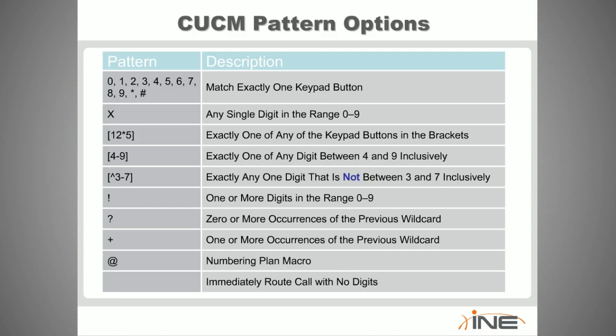It would continue, but it has to be the previous digit or character. Now, if I combine that with a wildcard, let's say X and then plus, then I have a wildcard that matches 0 through 9, but not star or hash. So it would match 1 3, 4 5, 4 5 6 7, 4 5 9, 7 3 8.